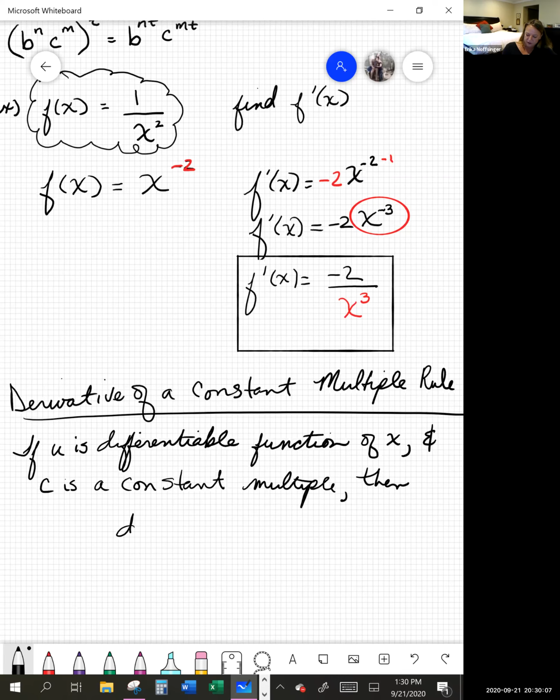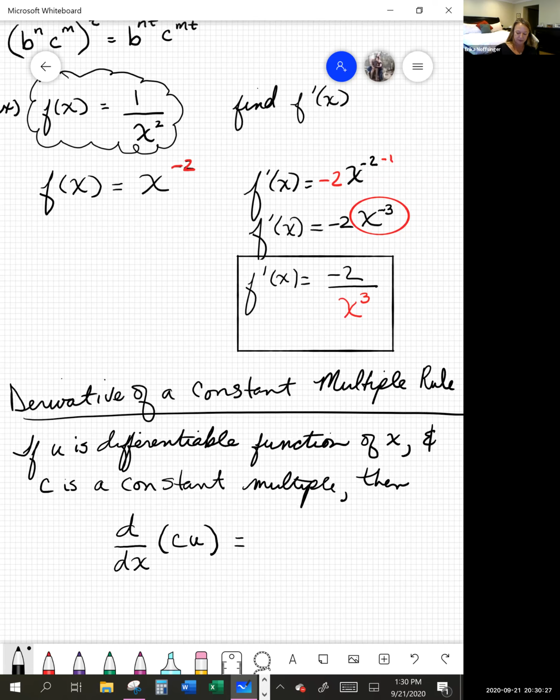If I look at the derivative d dx of c times u, because I had the d dx here, it's telling me I haven't taken the derivative of this yet, of some constant times a function u.